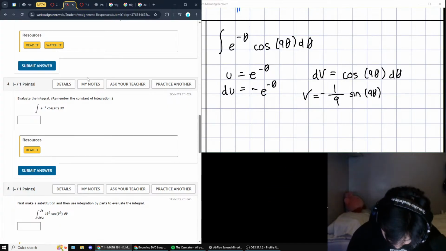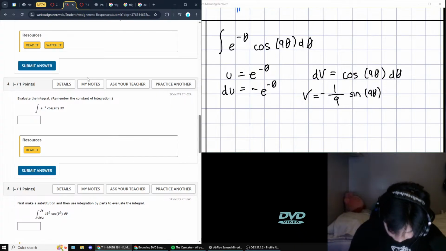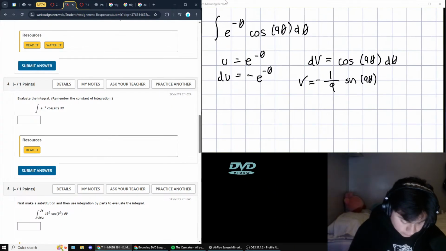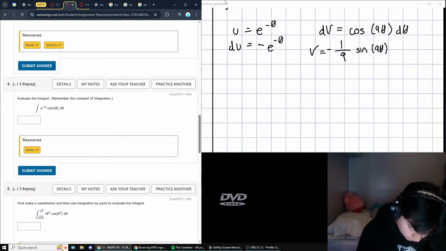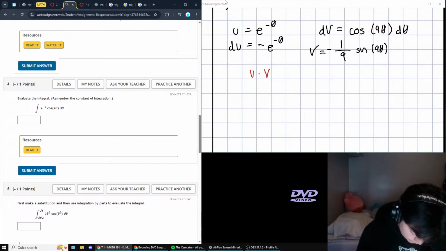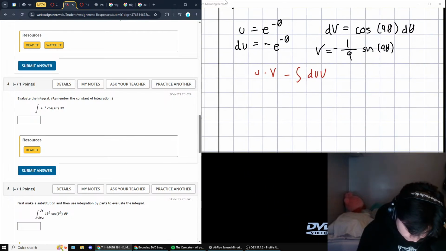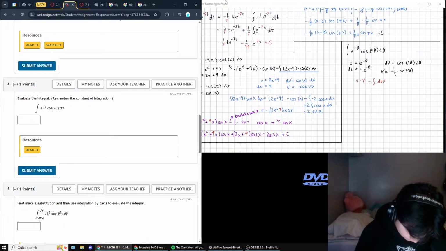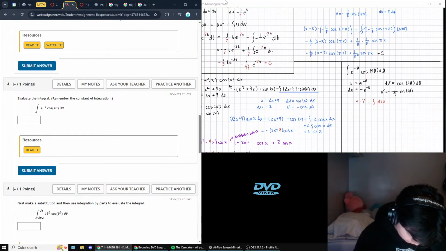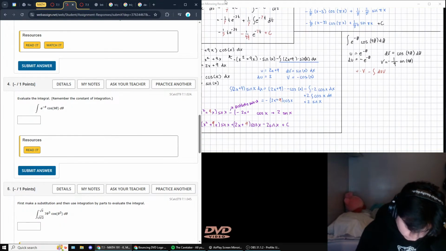So then, oh, and then I have to set the thing up. So it'd be dv, no, u times v minus integral of v du. Alright, did I get that wrong? Did I get it right? u dv.